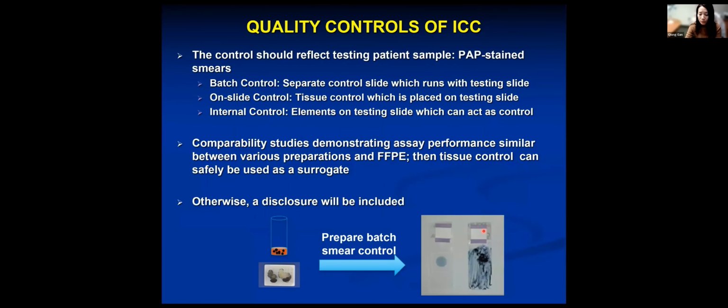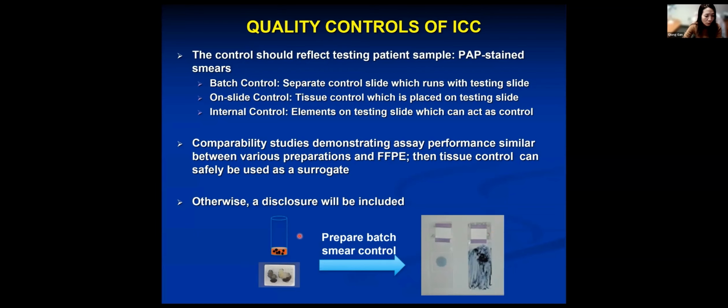When employing smears for ICC, it's very crucial to incorporate a range of controls comparable to the types of smears used. At our institution, we actively prepare comparable smear controls to ensure robust ICC analysis. In cases where a comparable slide control is not available, tissue control can serve as a substitute with a disclosure included.